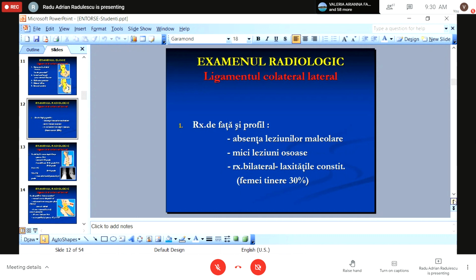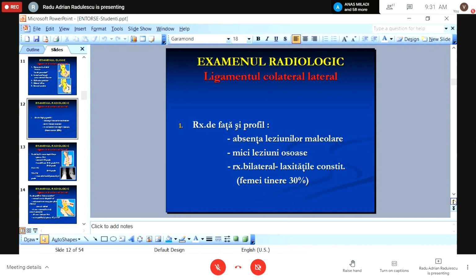And sometimes in such a sprain, instead of a lesion of the ligament, we may get a small fracture of the bone at the level of the ligament insertion. So that small fragment will be detached from the area by the ligament during the mechanism of sprain.